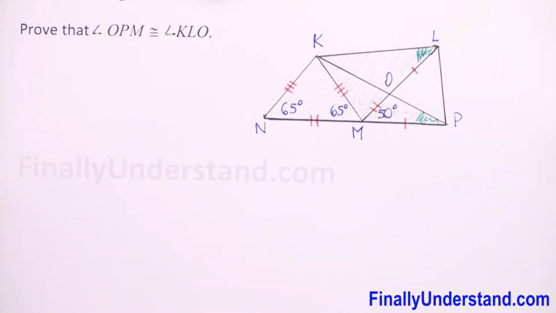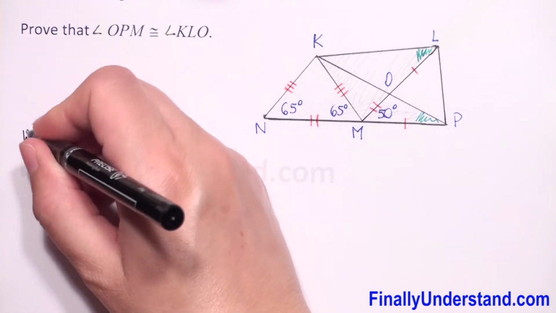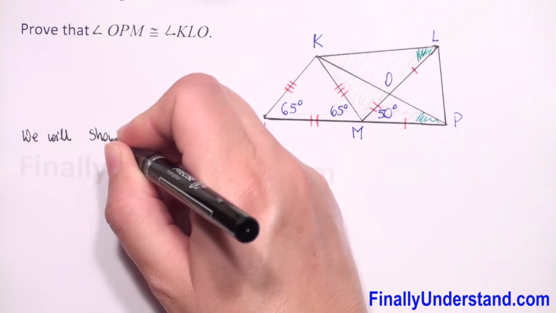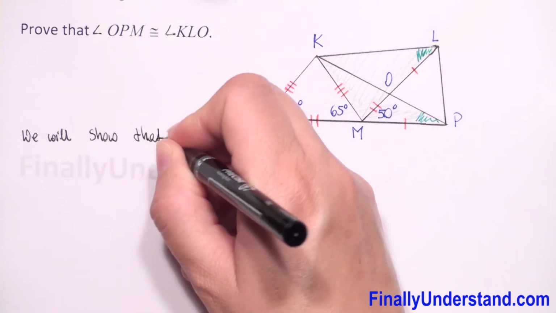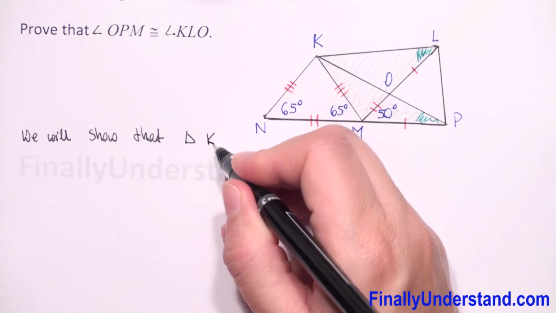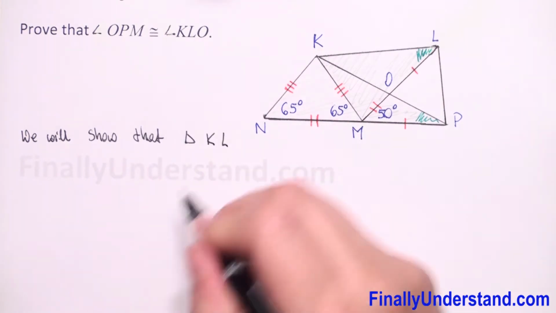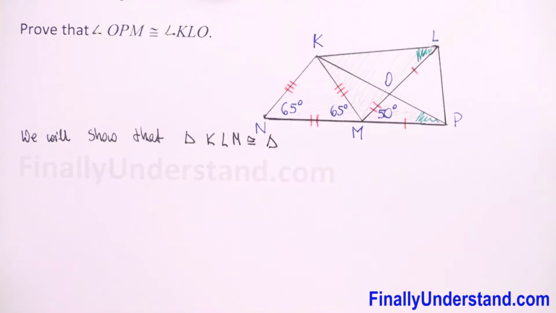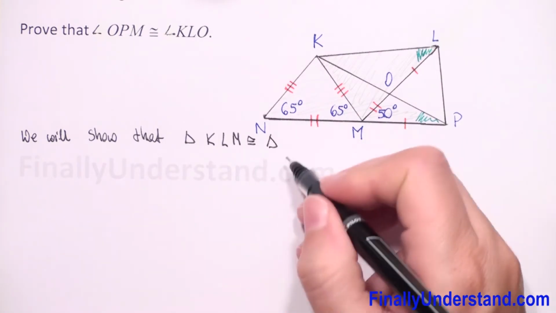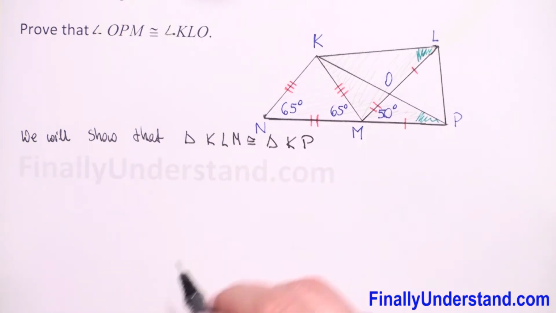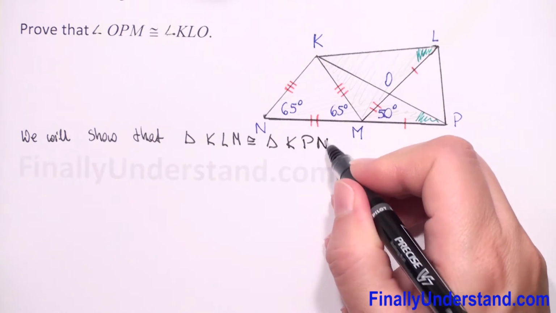Let me write this. We will show that triangle KLM is congruent to triangle KPN.